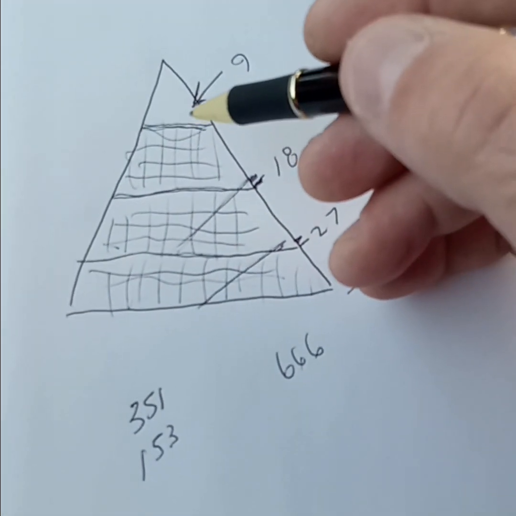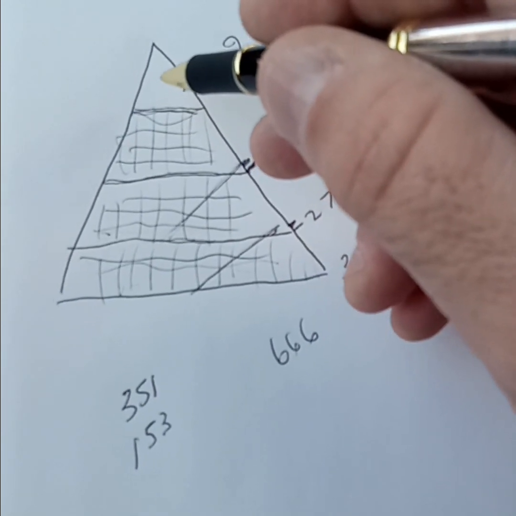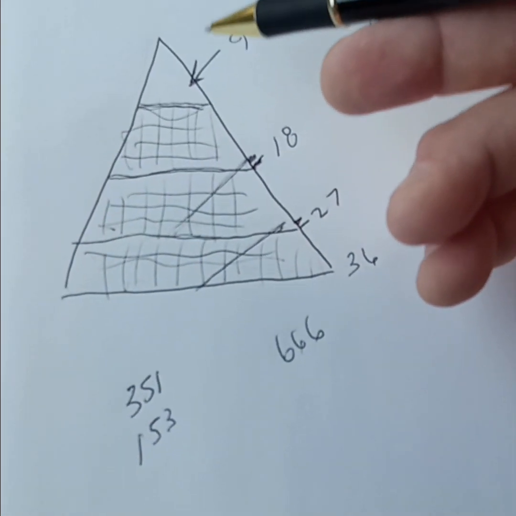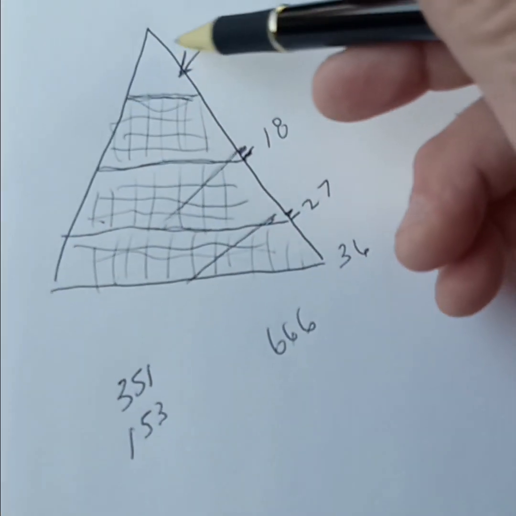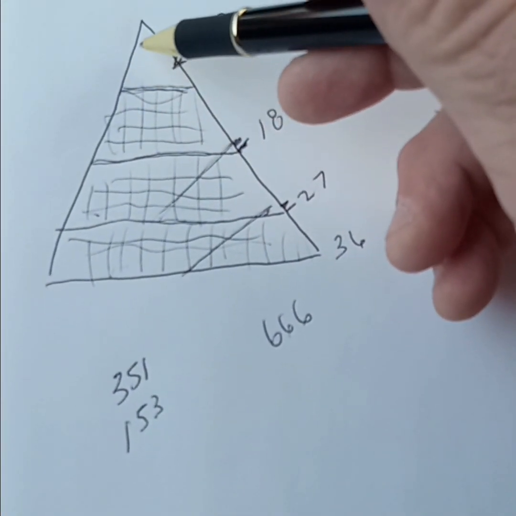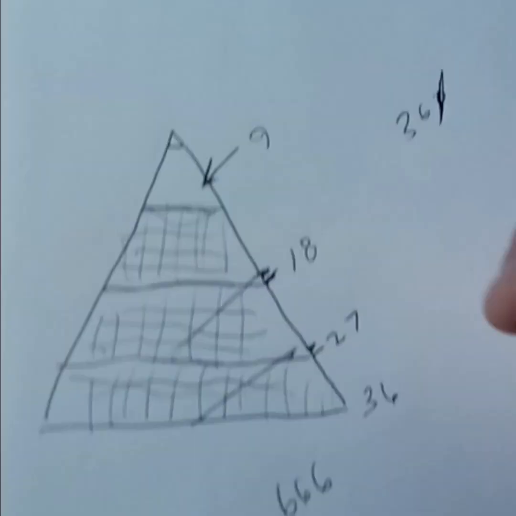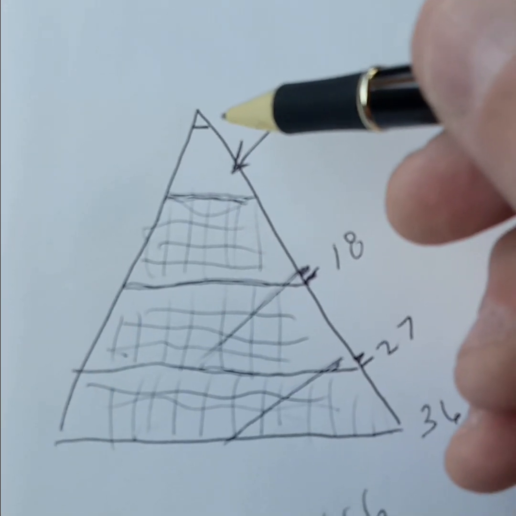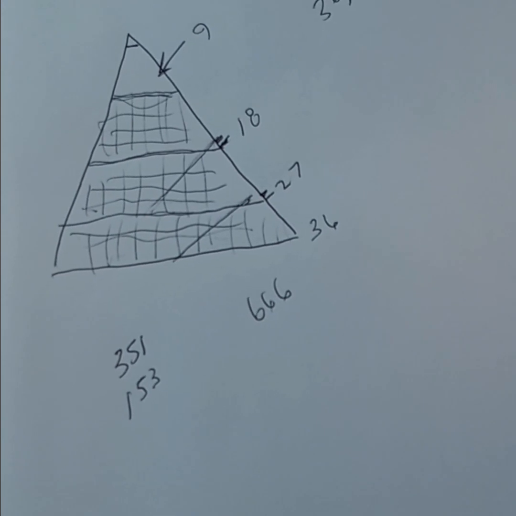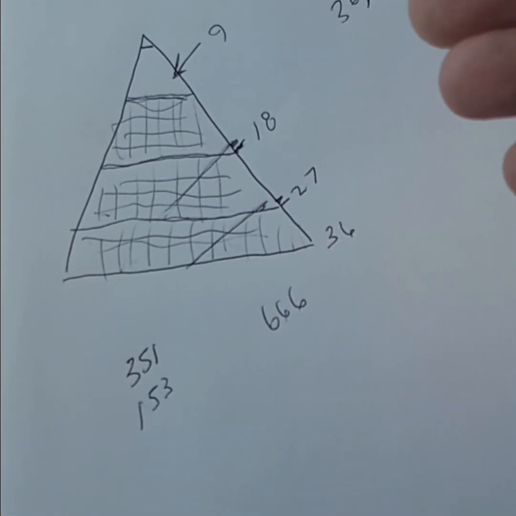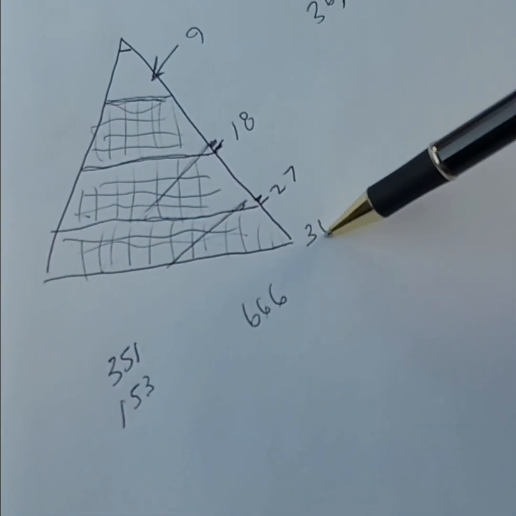So what happens is all of the information in the top where the eye is, the all-seeing eye, what that's telling you is all of this information in this whole triangle is in just this triangle. And then when you zoom in on this triangle again, it's just another smaller triangle. What it's doing is it's basically showing you, this is like quantum. So we have 9 times 4 is 36.